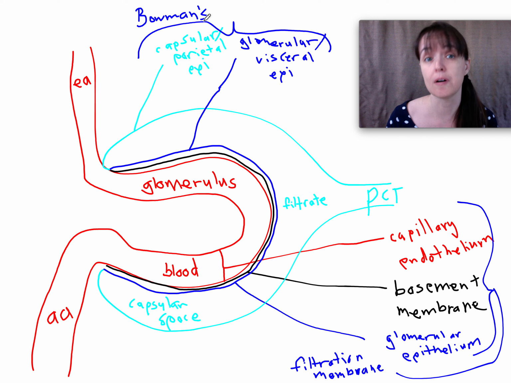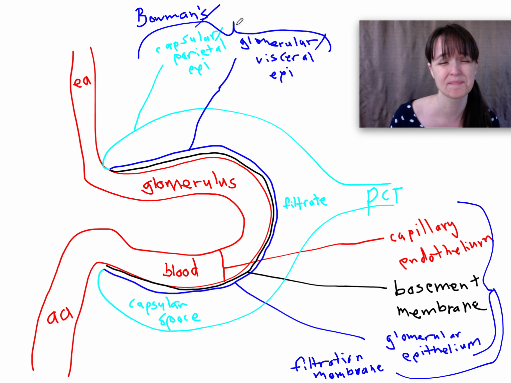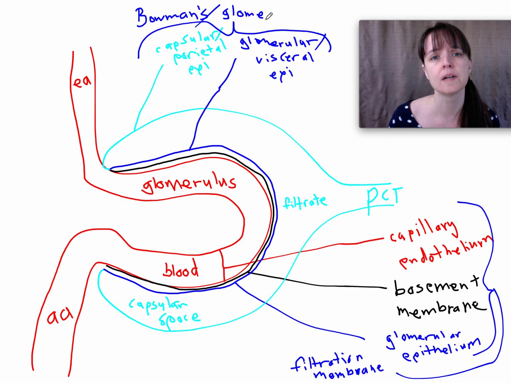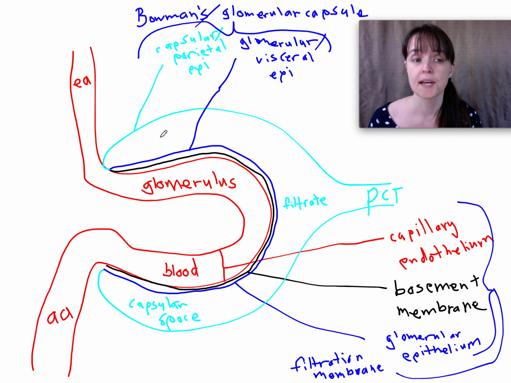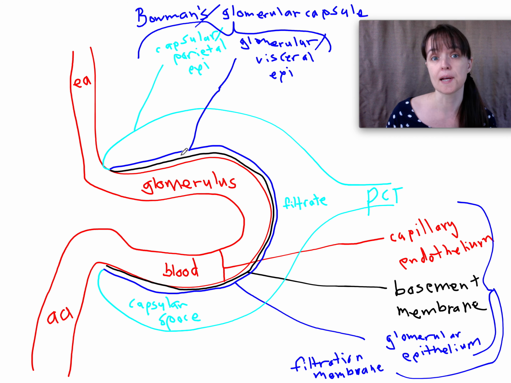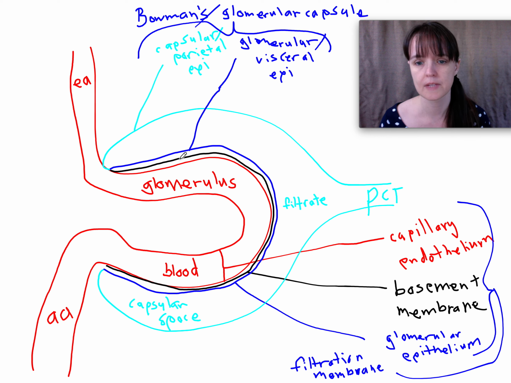And the Bowman's capsule also has a second name because everything needs a second name, apparently. And that's the glomerular capsule. Either way, the two together are a capsule and each individually are an epithelium. So the parietal epithelium and the visceral epithelium make the glomerular capsule, or the capsular epithelium and the glomerular epithelium make the Bowman's capsule. So there's that.